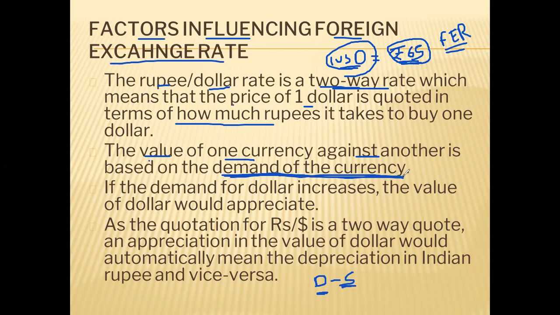How much that currency is demanded by the people, based on that you will have a change in the foreign exchange rate. If demand for the dollar increases, obviously the value would appreciate. Like normal logic, for any commodity, if demand increases, price will shoot up, and if supply increases, price will go in a downward trend.